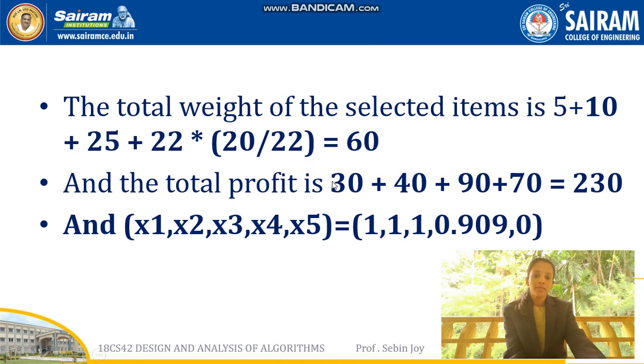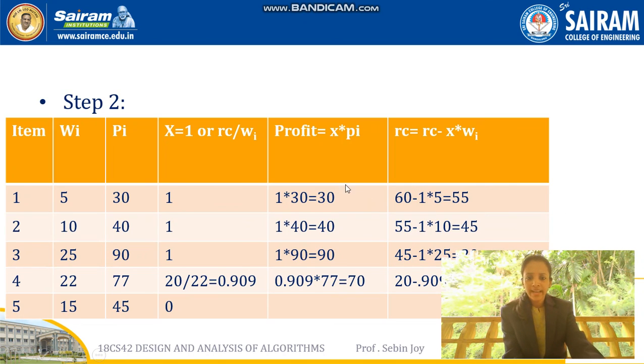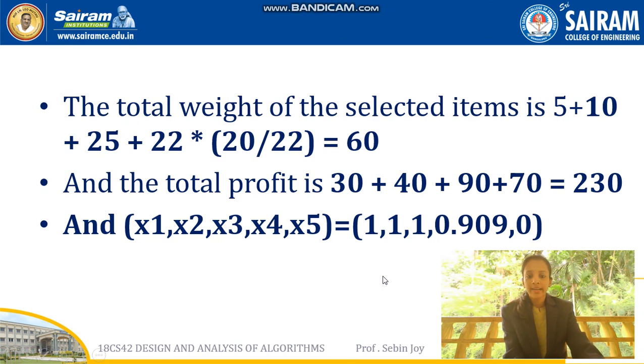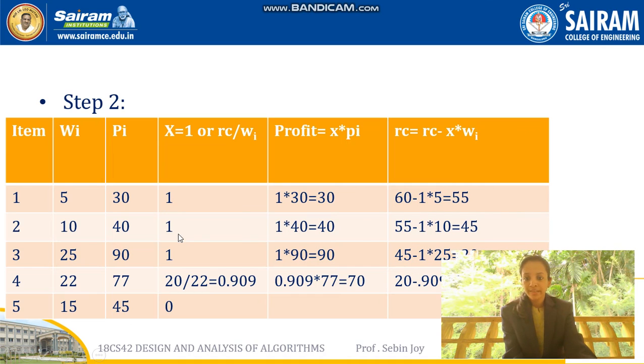So the profit, all the profit added, is equal to 230. This profit we will get directly from the second last column: 30 plus 40 plus 90 plus 70. And x1, x2, and so on we will get from the third column: 1, 1, 1, 0.909, 0. So the two things you have to write separately.